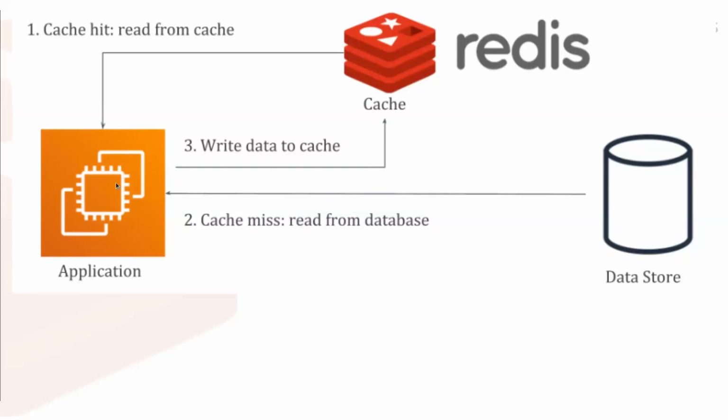When our application needs some data, first it will check in Redis or in the cache to see if the data is available there. If it is not available in Redis, only then will it go to the database. It will fetch from the database, and the data will be retrieved in the application, as well as the new data being written to the cache as well. So there are many use cases for cache.